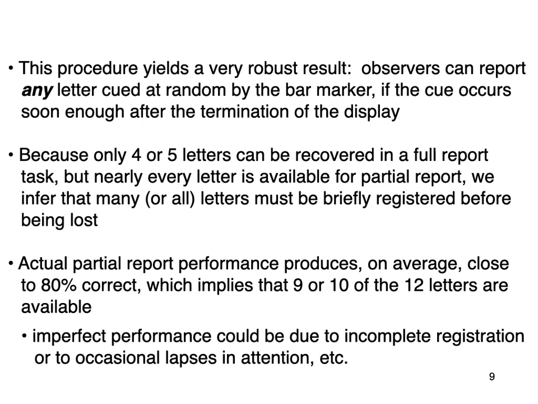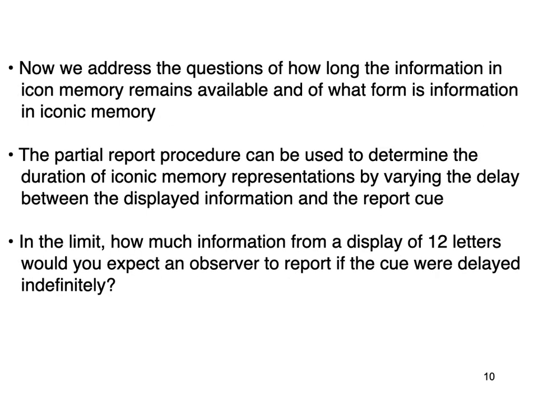So the fact that you don't get 12 doesn't necessarily mean that all 12 are not present. It just means that whatever we're using to cue report involves itself a delay, some delay in accessing the icon.